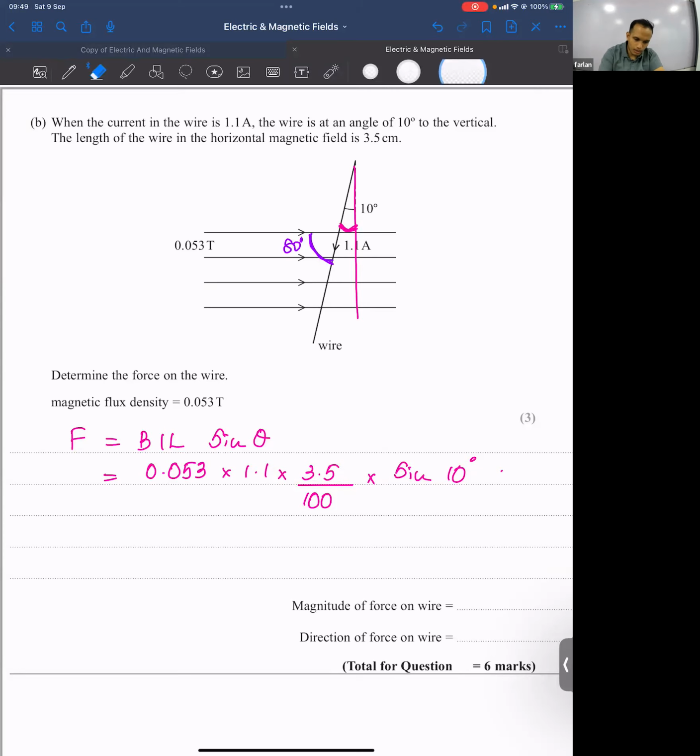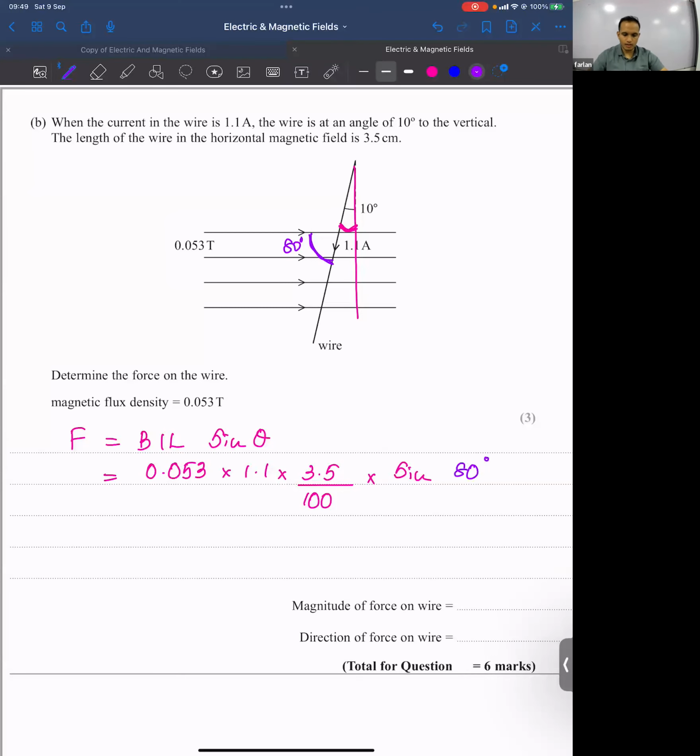So your angle here should be BIL sine 80 degrees or cos 10. Cos 10 is the same as sine 80. Okay, so be alert. If you have done this, you will get the right answer.